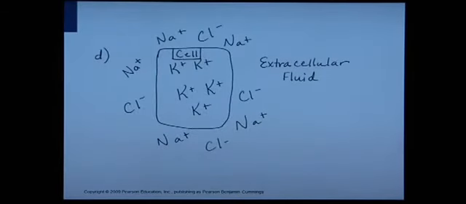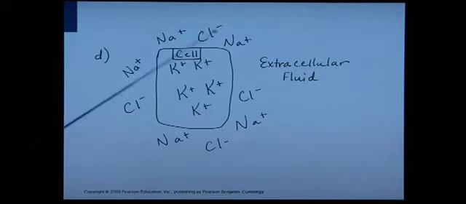So this picture is just to remind you what a typical cell's environment is like. This represents a typical cell. That's what the square is here. A typical cell is surrounded by two major things that we're going to focus on.